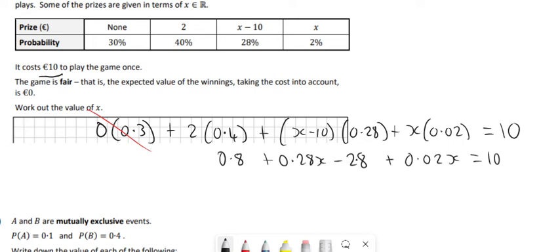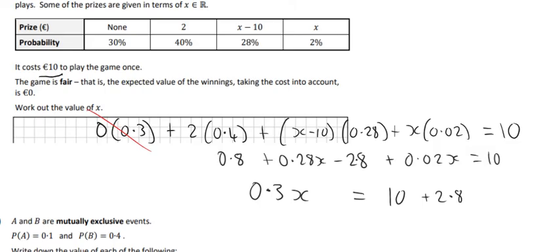If I combine the x's, you'll get 0.3x. 0.28 plus 0.02 is 0.3, so 0.3x. I'm just going to move everything to the other side. So 10 plus 2.8 when you bring it over, and minus 0.8.